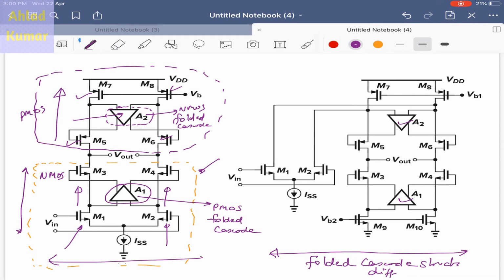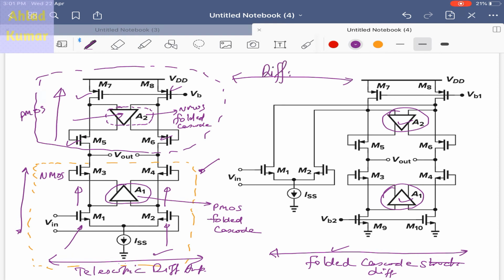This one is the telescopic differential amplifier. So within these telescopic and folded cascode differential amplifiers, we are using these gain boosting amplifiers to further enhance the gain, and we are not adding any additional nodes, so the stability of these differential amplifiers will not be compromised.